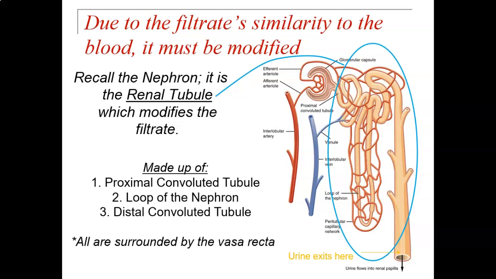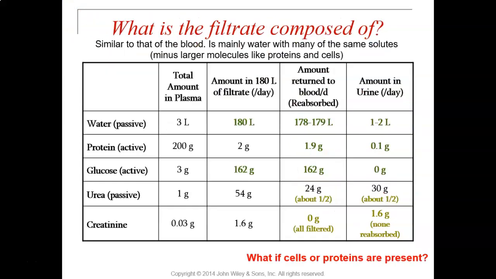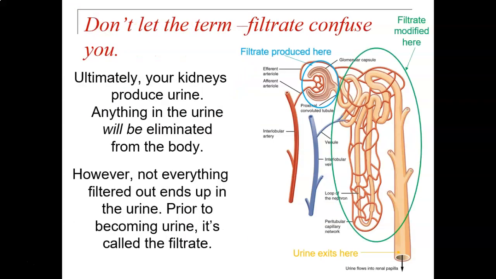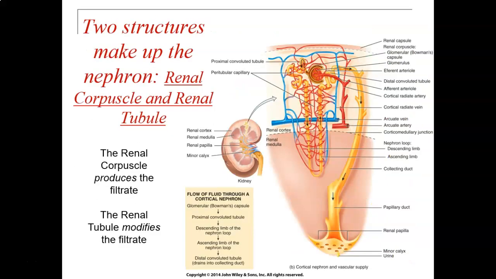We are going to continue with the urinary system. If you will recall, in the last presentation we got into talking about the nephrons, that unit, that structure which produces the urine. There was the renal corpuscle and the renal tubule.